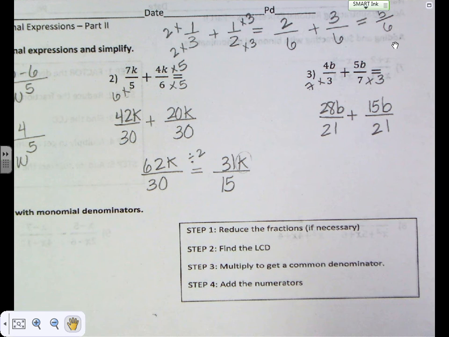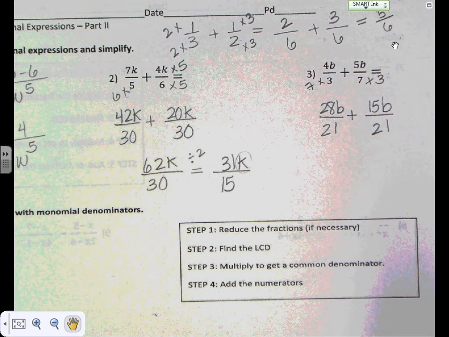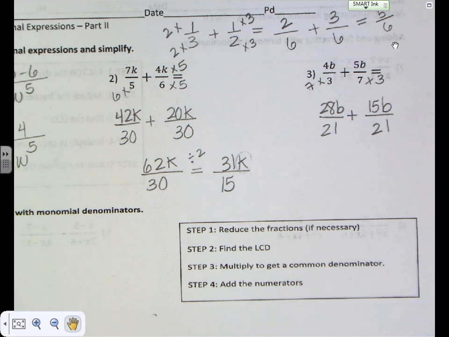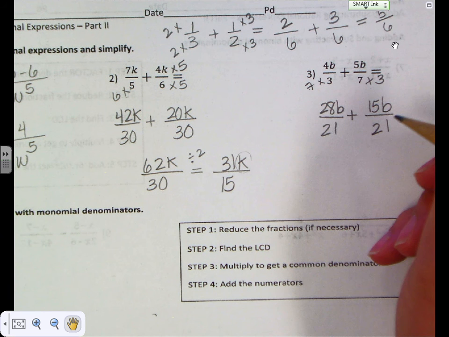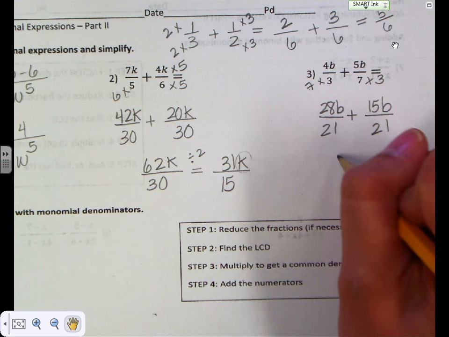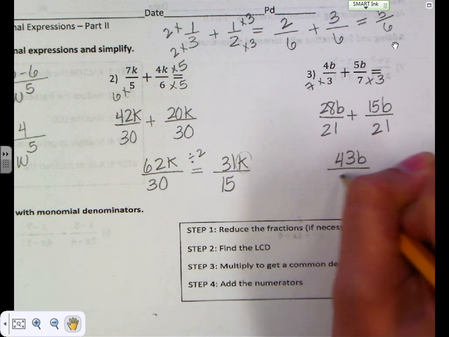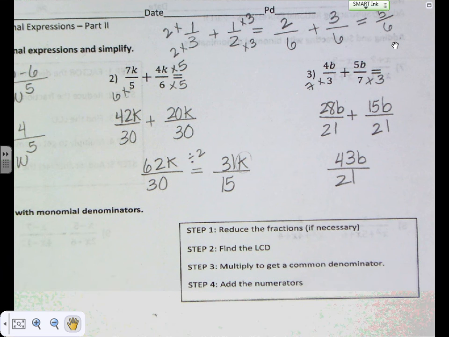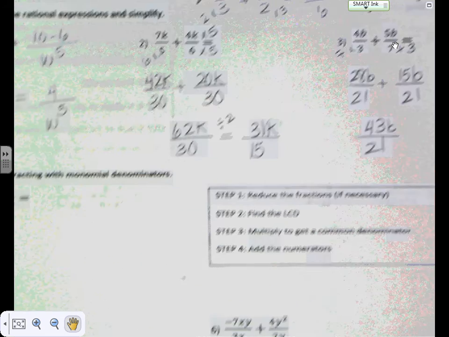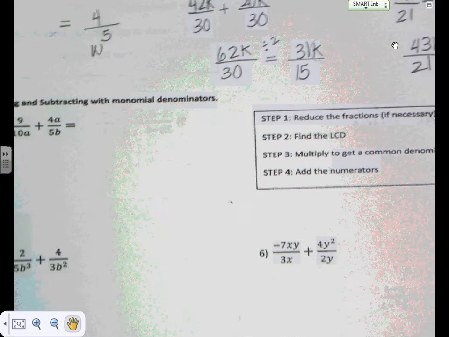What is 28 plus 15? 43b over 21. Can this reduce? No. That's as far as you can go, okay? Do you guys have any questions on that? Easy, right? Okay, let's go to a little bit more complicated.